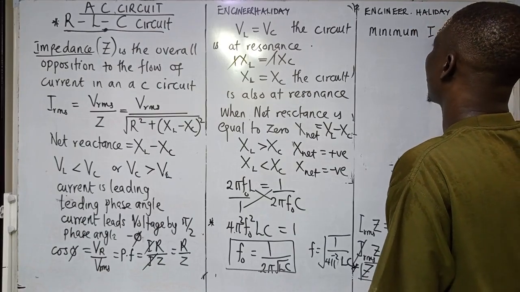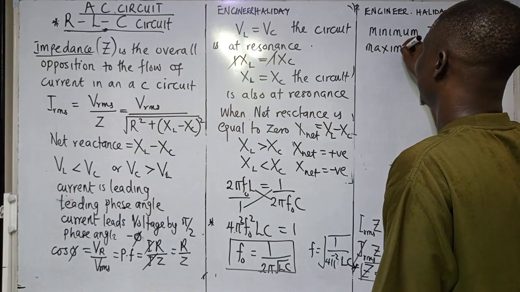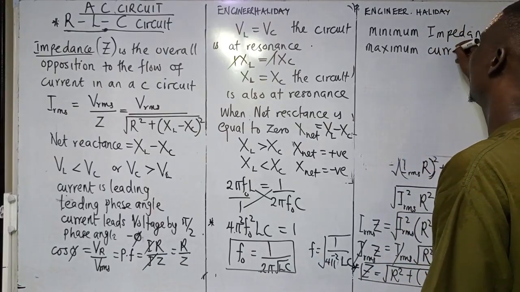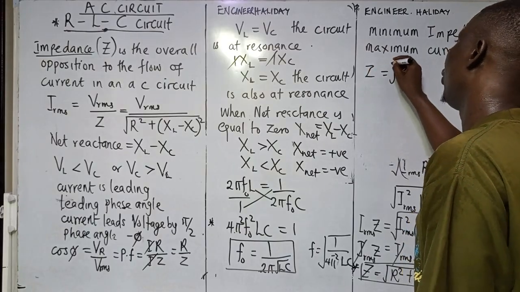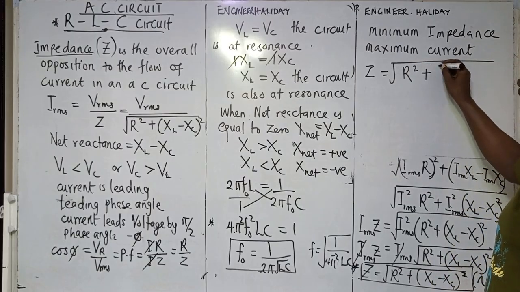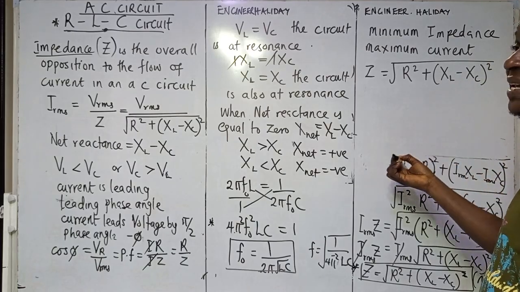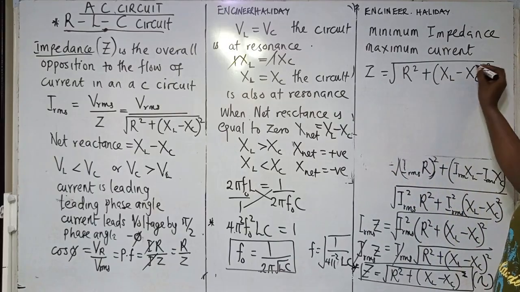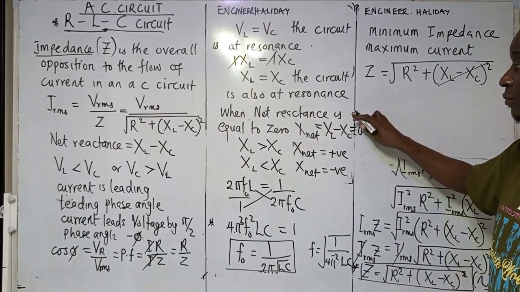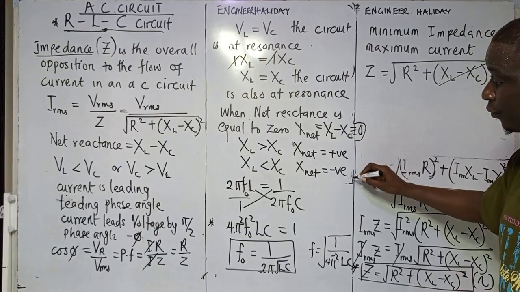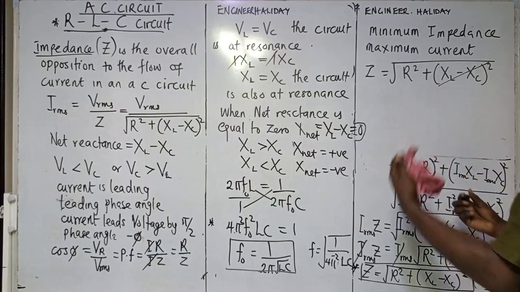So minimum impedance occurs at resonance, and maximum current occurs at resonance. Don't forget that impedance is equal to the square root of R squared plus (XL minus XC) squared. If the net reactance is 0, then 0 squared is 0, plus R squared gives us R squared.